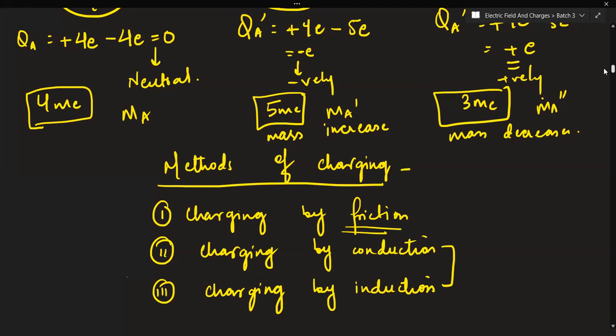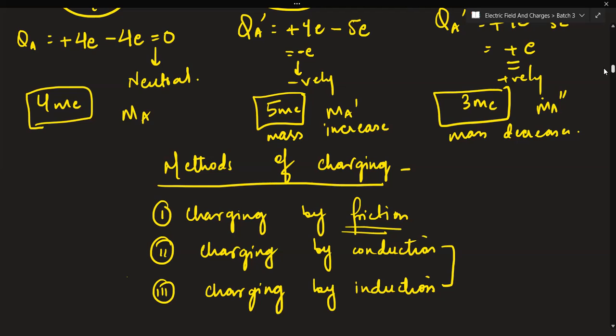Frictional force acts in the opposite direction to oppose the motion. So when two bodies are physically rubbed together past each other, electrons get transferred by the heat that is generated. That is charging by friction.